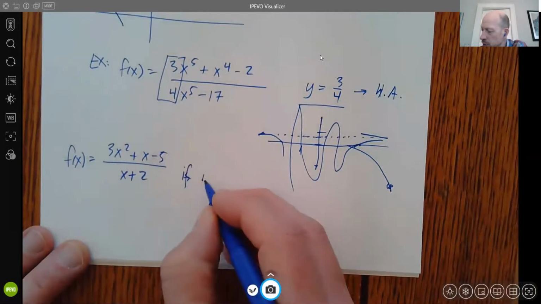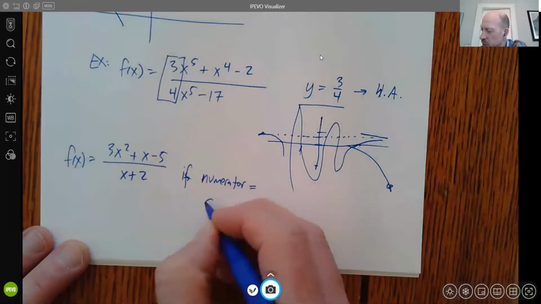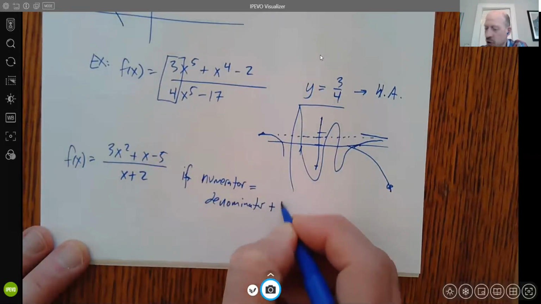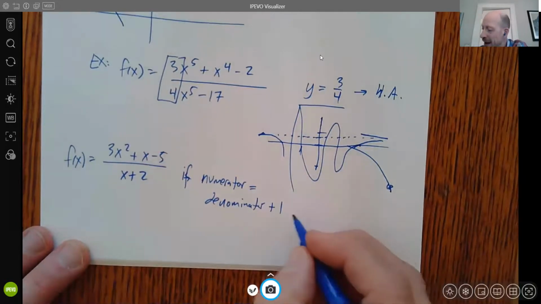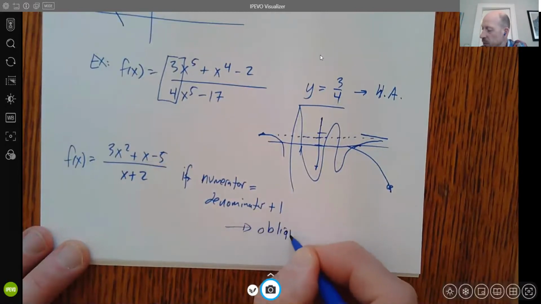So if the numerator equals the denominator plus 1, that's going to be what's called an oblique asymptote.